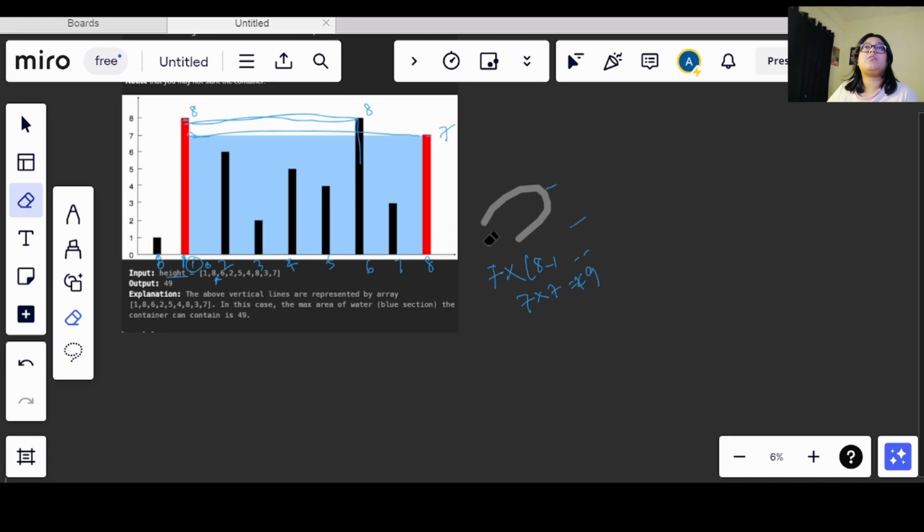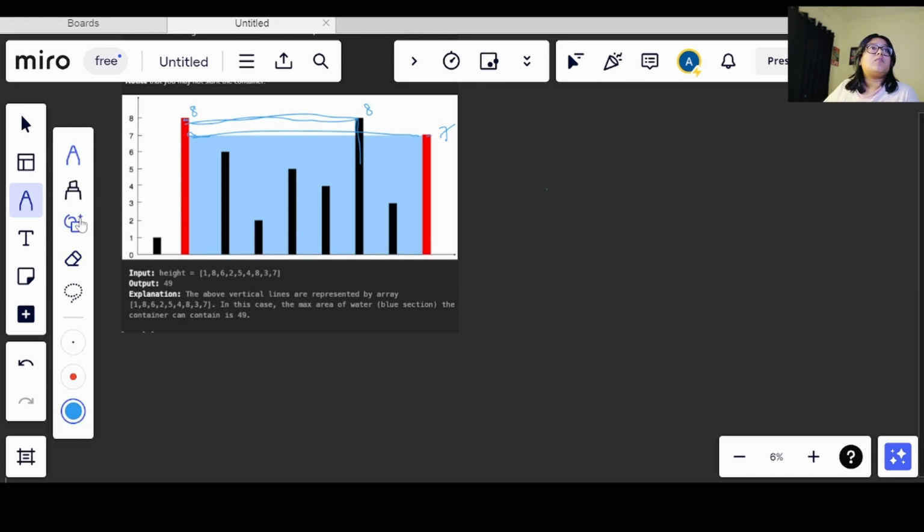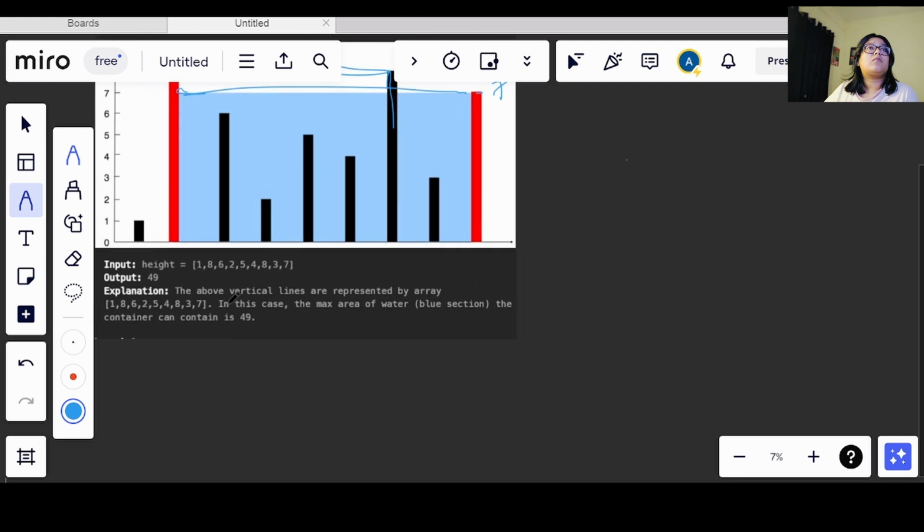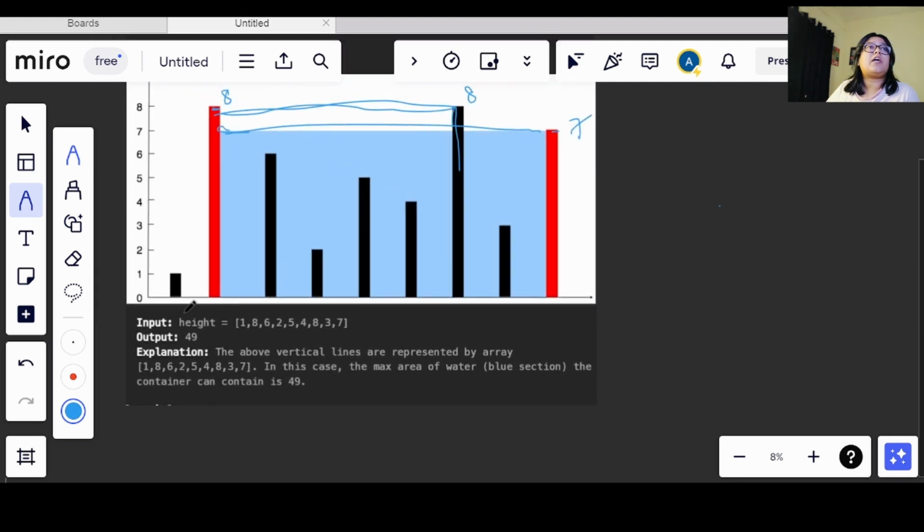Let me clear this out. Now let's start the iteration. I have started the iteration from the 0th index, and for the second pointer we will start from the back.